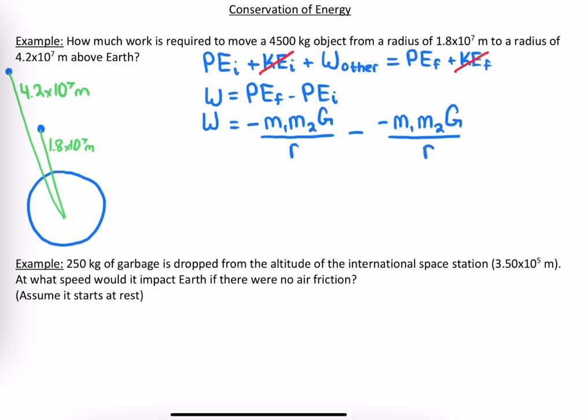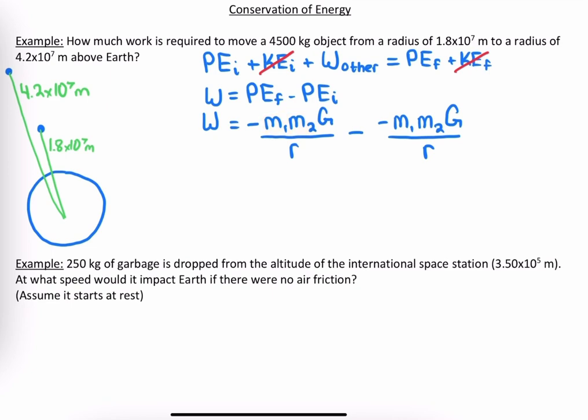I'm not sure why I put that 2 down there. Let's take that away. So I've got two potential energies here and here, and they both have the same formula, and they're being subtracted. Now, although these two formulas, as I've written them, look identical, we should notice that there are some differences. M1 and M2 are going to be the same at the beginning and at the end.